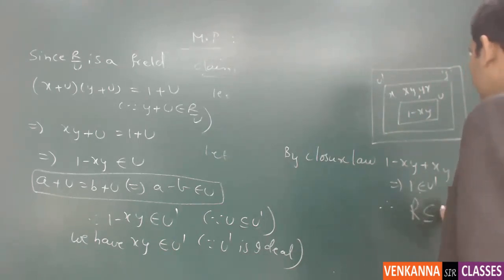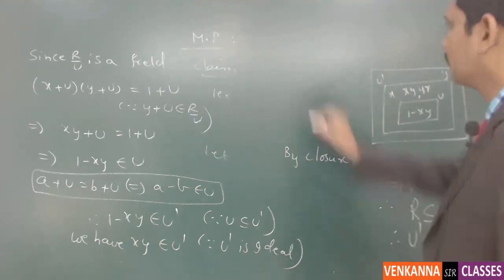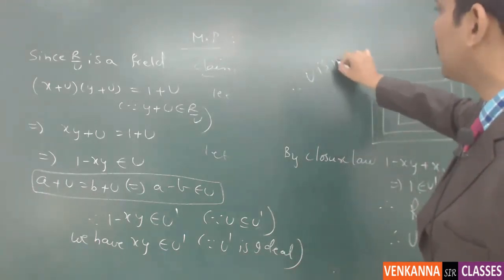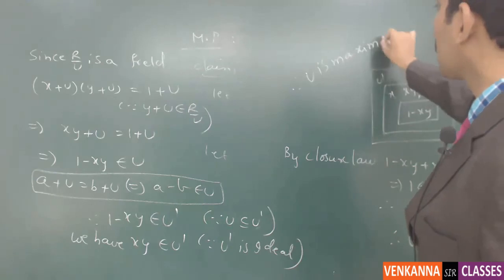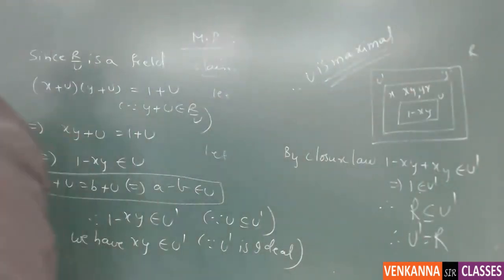Therefore, R will become a subset of U'. Therefore, U' is equal to R. Therefore, U is maximal. That was the conclusion of the result.